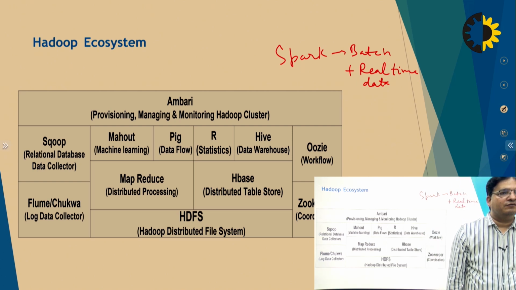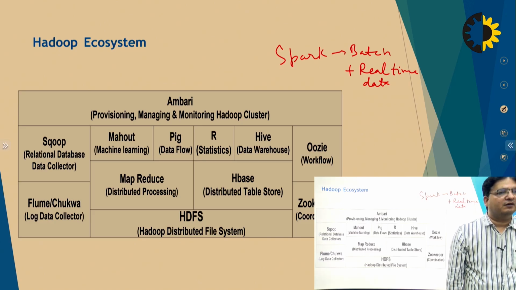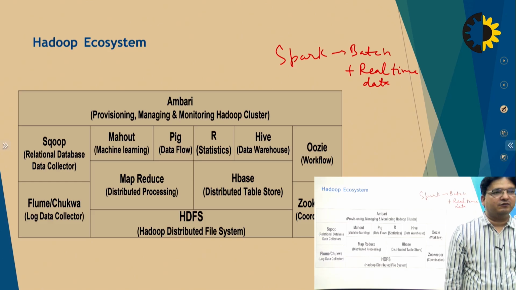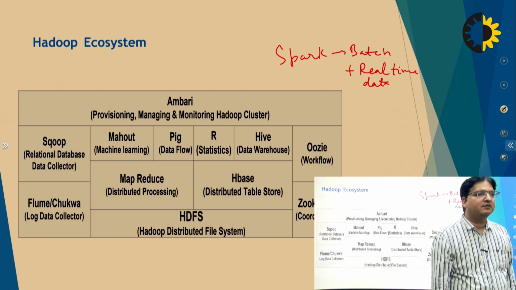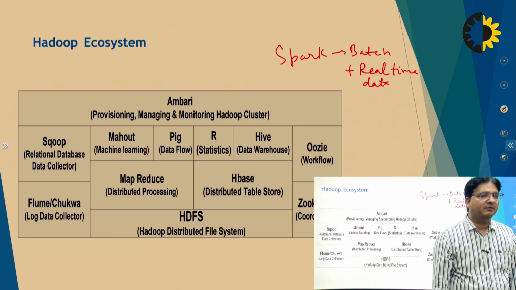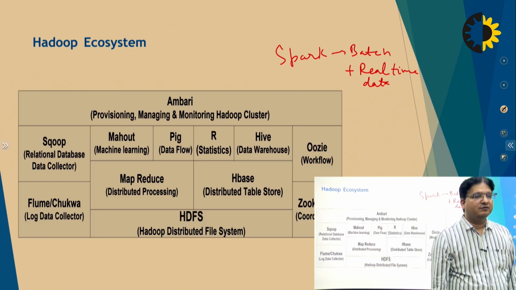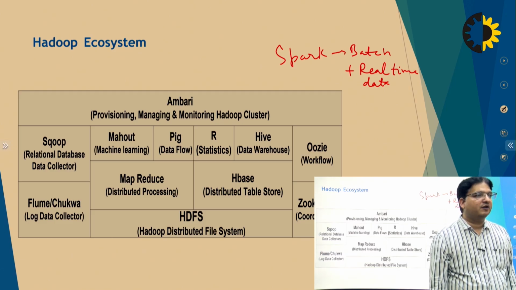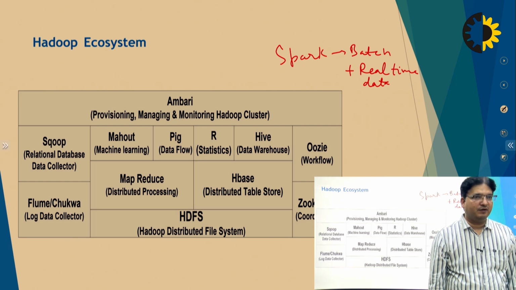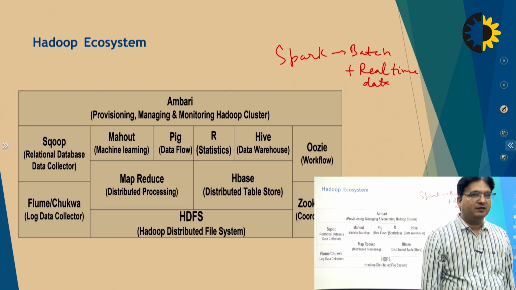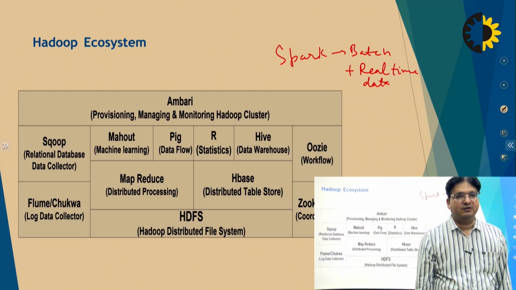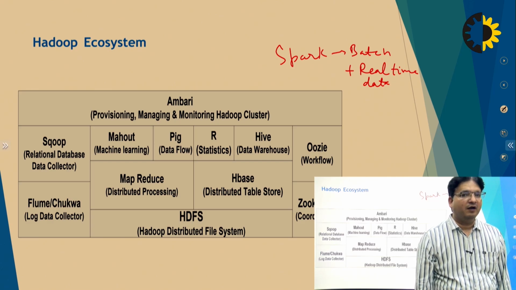Then we have Oozie for workflow management and Zookeeper for coordinating events. For ML, we have Mahout, and Pig is a high-level data flow language. R is basically used for statistical purposes, and Hive is used for data warehouse. And for data ingestion, we use Sqoop, Flume, Chukwa or Kafka, that is, integration of data from different sources. The sources can be structured, semi-structured or unstructured.